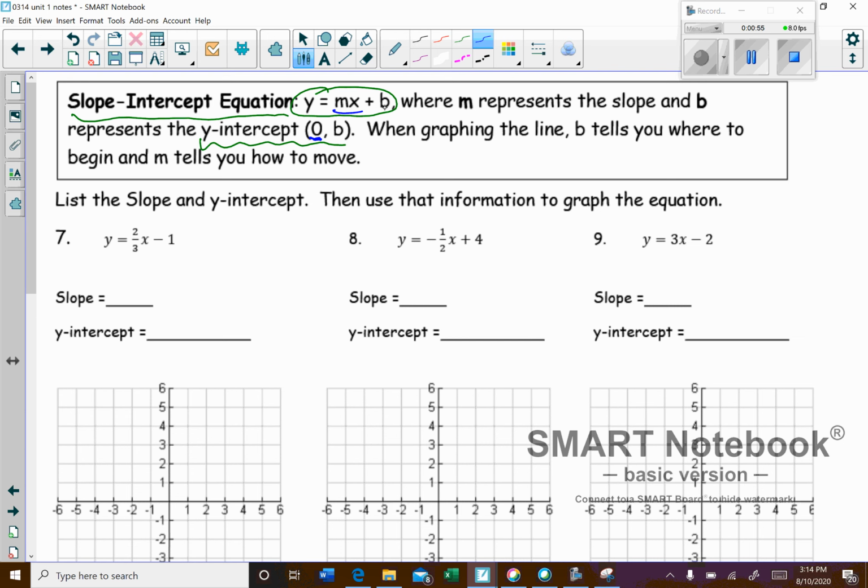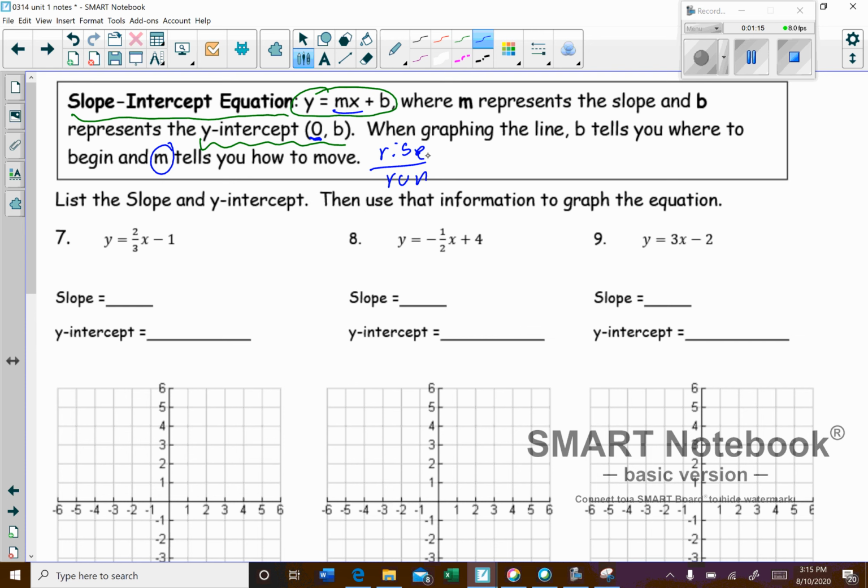So that b value gives you your y-intercept. When graphing the line, b is going to tell us where to begin. That will be our first point, the y-intercept. And then the m value will tell us how to move, by which I mean rise over run.